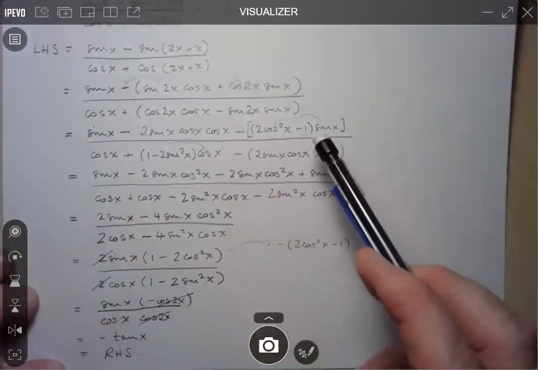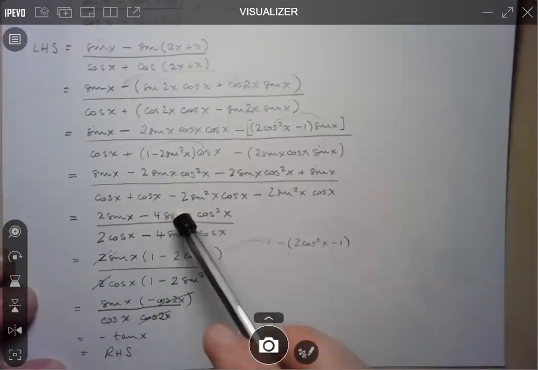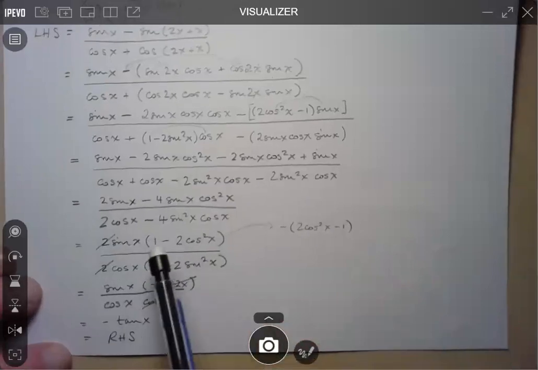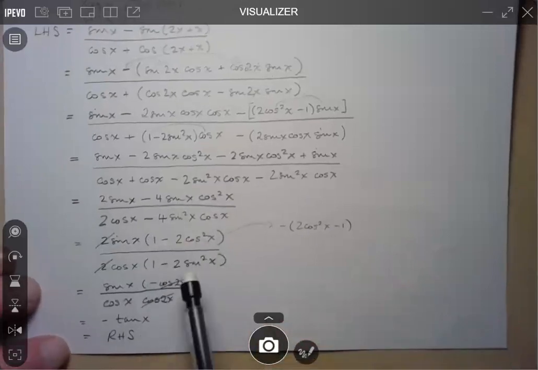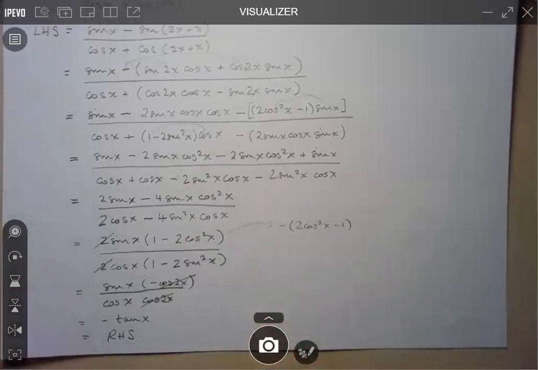And then from there, seeing the algebra through, noticing the common factors, and noticing that that numerator is just equal to negative cos 2x. So a lot going on here. This is, like I said, tougher than what you would get on a test, but hey, that's why it's the last question on this assignment sheet. Okay. Any questions on this?